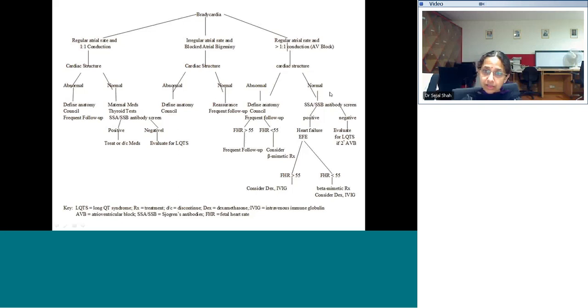If structurally they're normal, the mother is antibody positive, and if there is heart failure, if possible, deliver, or if not possible, consider dexamethasone with increasing heart rate, beta mimetics. And if Ro/La antibodies are negative, you still evaluate them for long QT, second degree AV block, give dexamethasone.